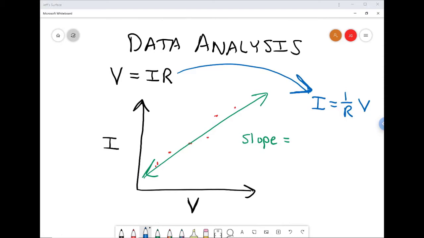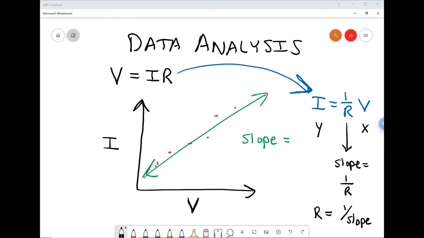So if I plot I on the y-axis and V on the x-axis, I expect the slope of the relationship to be equal to 1 over R. Therefore, R equals 1 divided by the slope.